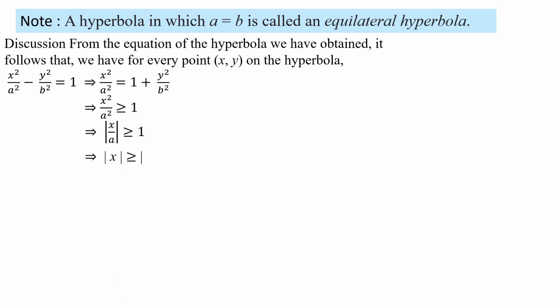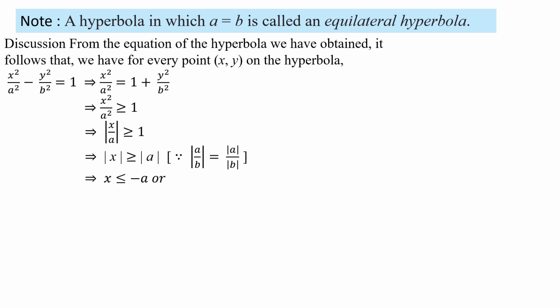This implies mod x is greater than or equal to mod a, because mod a by b is equal to mod a by mod b. By using this formula in the LHS of this inequality, we get mod x by mod a is greater than or equal to 1. So by cross multiplication, finally we get mod x is greater than or equal to mod a. Understood this statement, children?